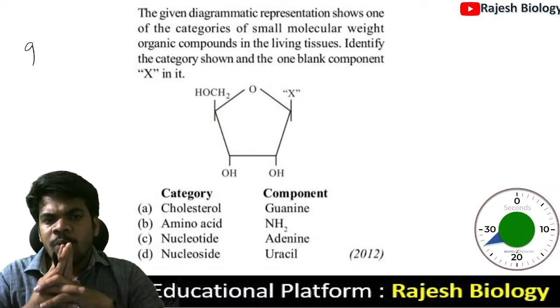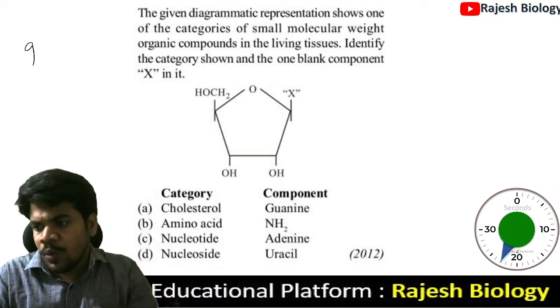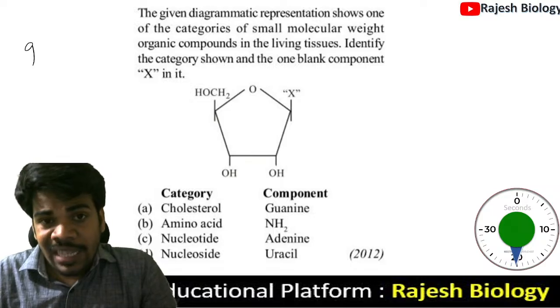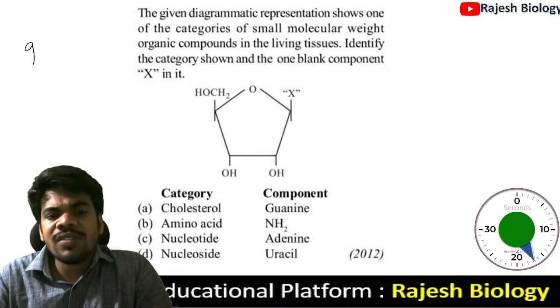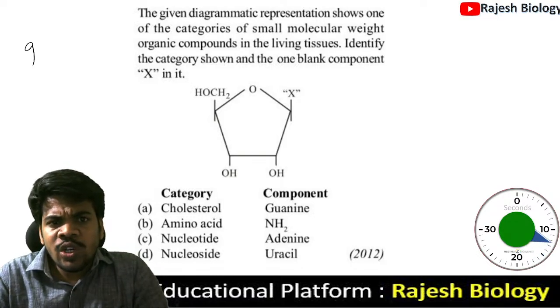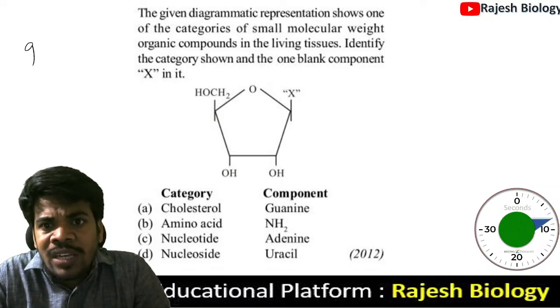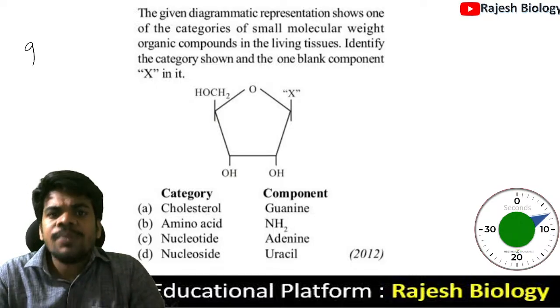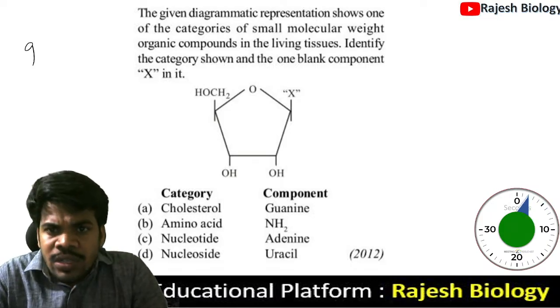Now the ninth question. It is from the biomolecules. Very important. We have to read and practice all the biomolecule structures from this chapter. The given diagrammatic representation shows one of the categories of small molecular weight organic compounds in the living tissues.